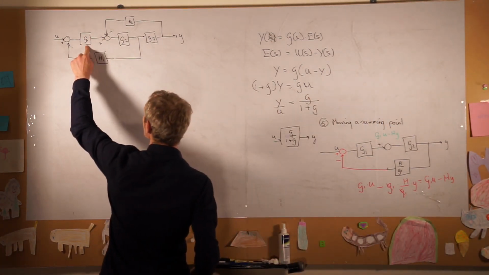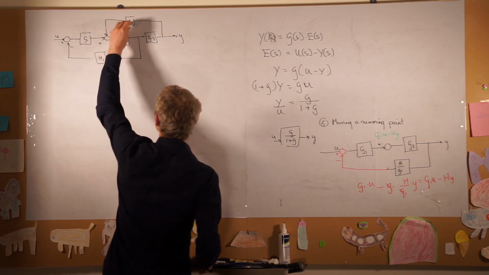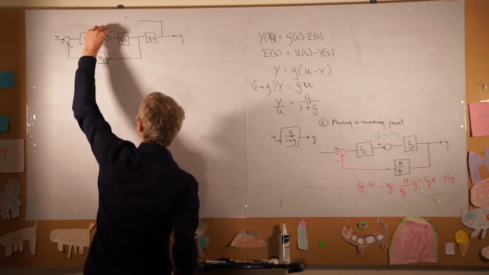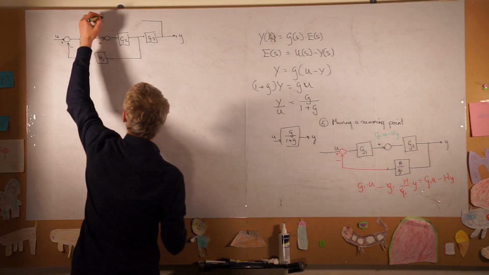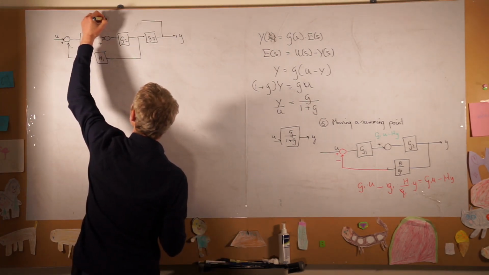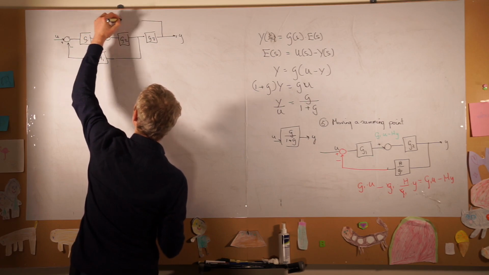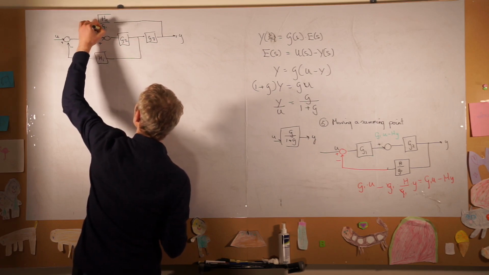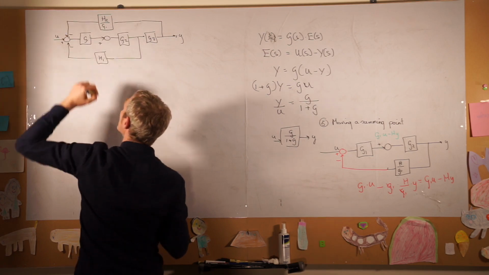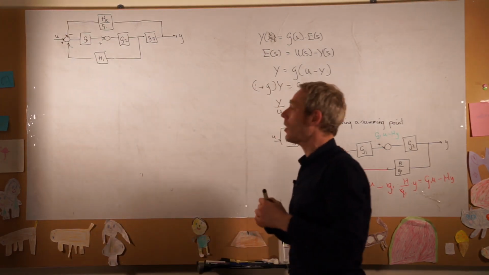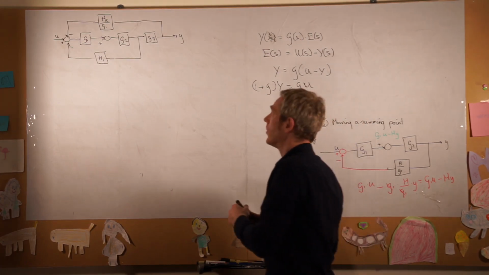So we're moving to the left of G1. If we then remove this here, we have our H2 over G1. So this is the modification, and we can now sum that over here, or into a different point.